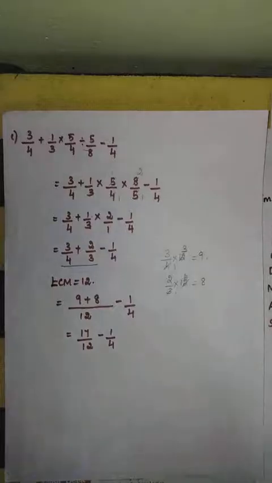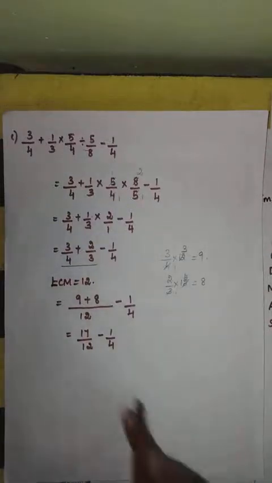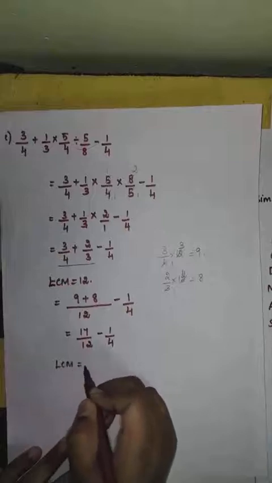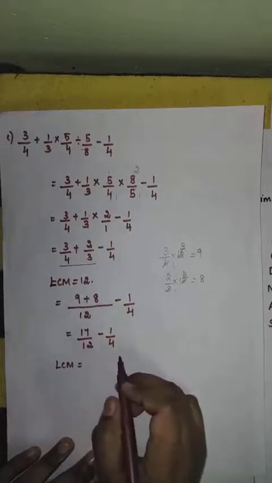Now we need to subtract both the numbers. 17 by 12 minus 1 by 4. Again check the denominators. The denominators are different. Then we need to take LCM. What is LCM for 12 comma 4?